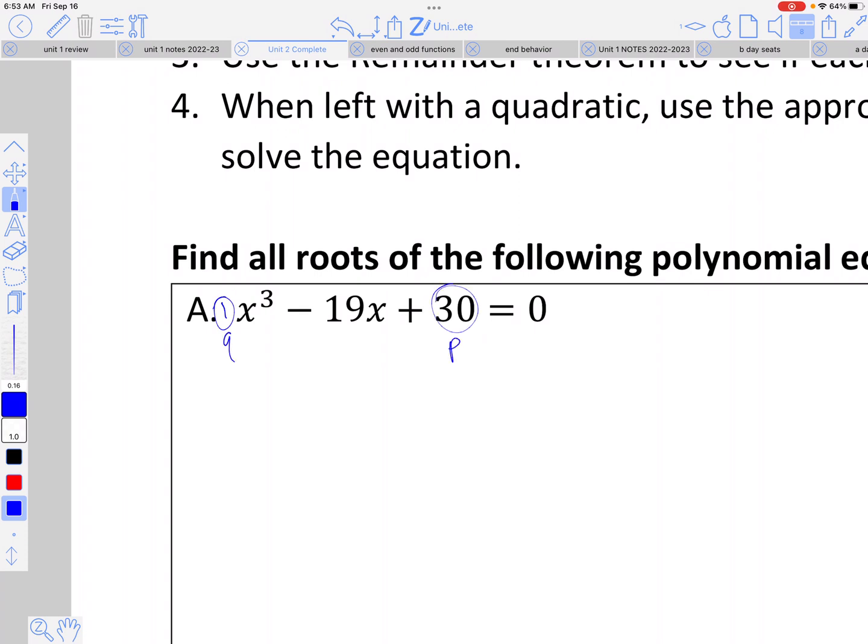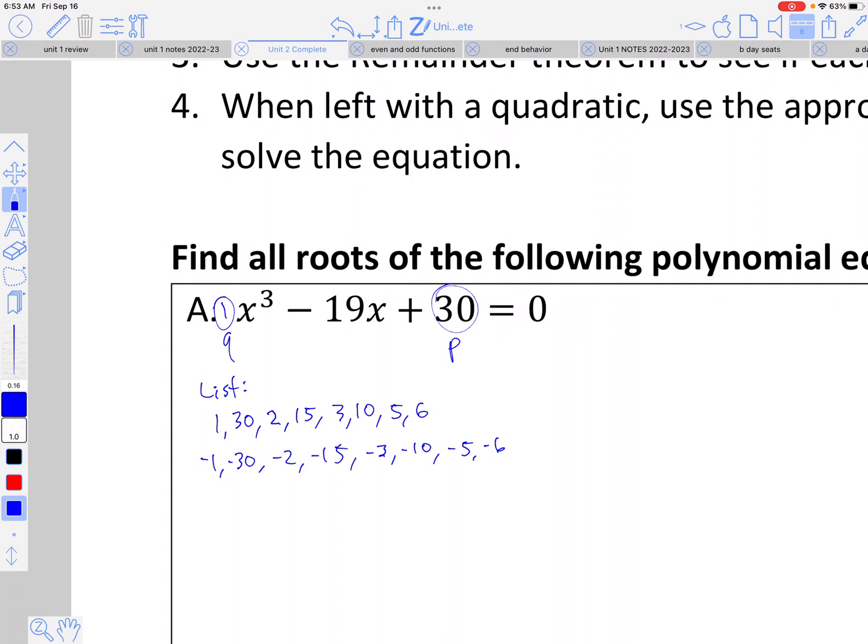So the factors of 30 are 1 times 30, 2 times 15, 3 times 10, 4, nope, 5 times 6, and that's it. The nice thing is they're all divided by 1, so all I need now are the negatives. And I have my complete list. These are the possibilities, right? And they're not all going to work, but those are the possibilities.